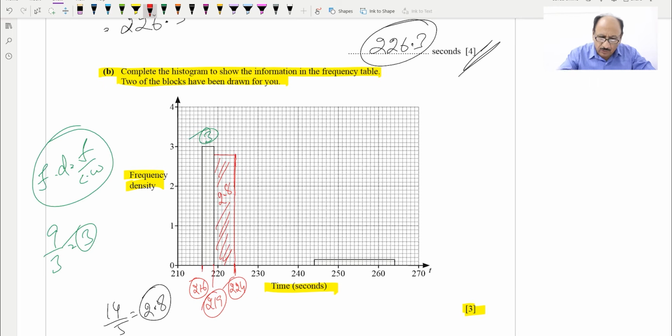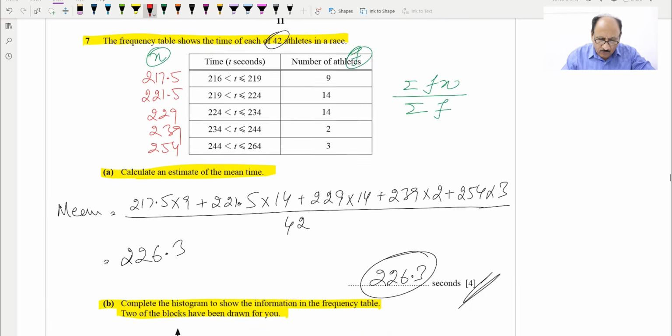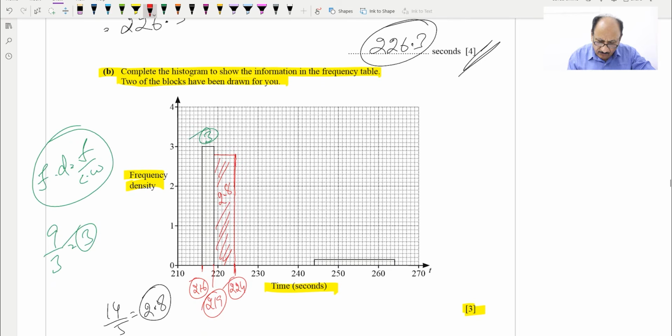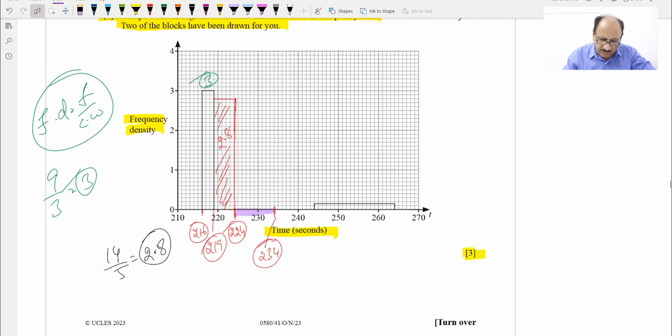Now the next is 224 to 234. The class width we are taking is 10, and the frequency is 14, so 14 divided by 10 will be equal to 1.4.